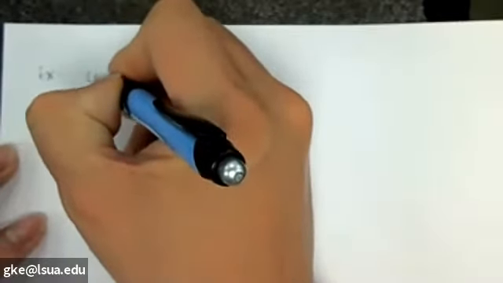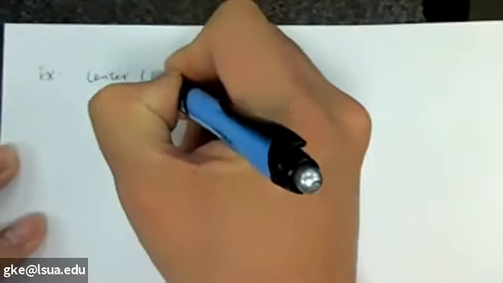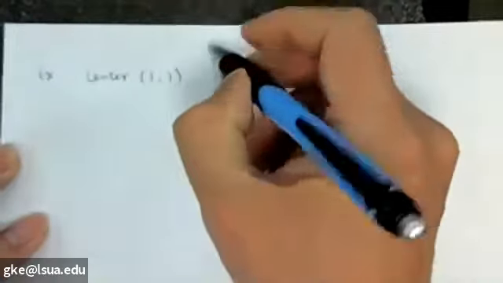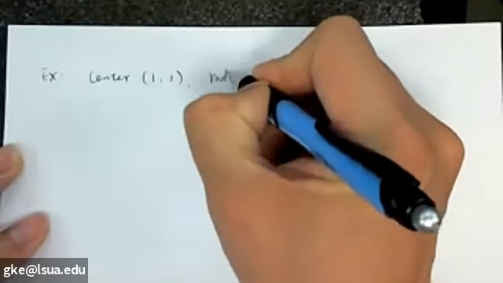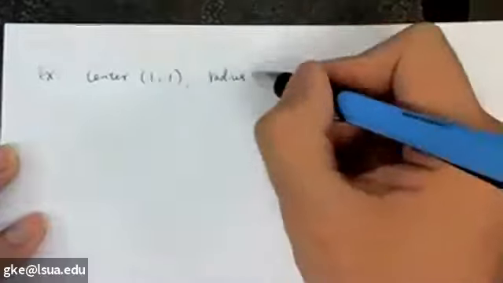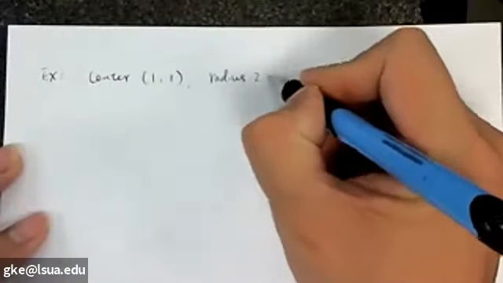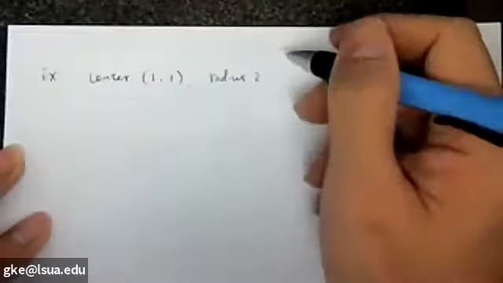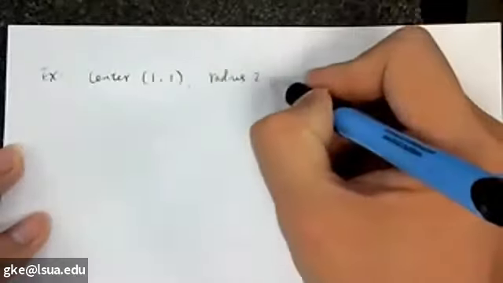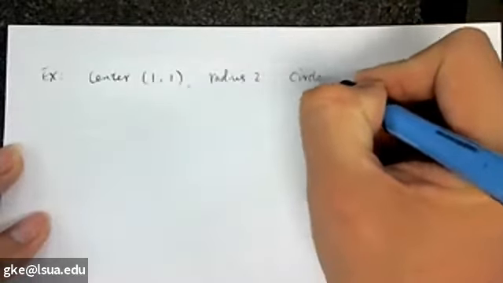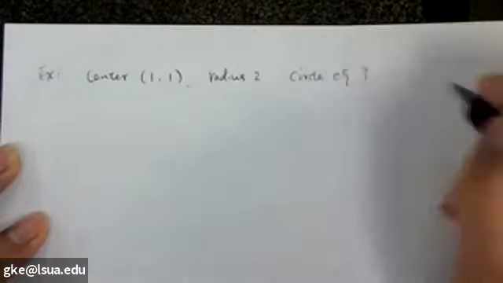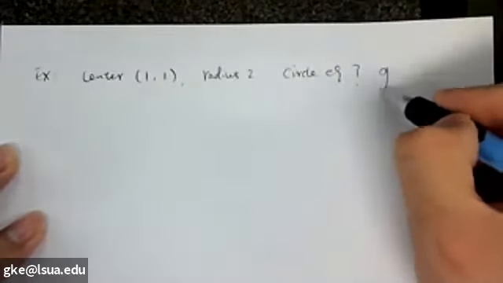So I'm gonna give you the center, that is 1, 1, and the radius is 2, and find the circle equation and graph it.